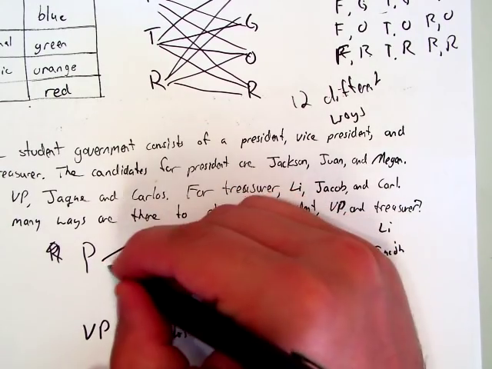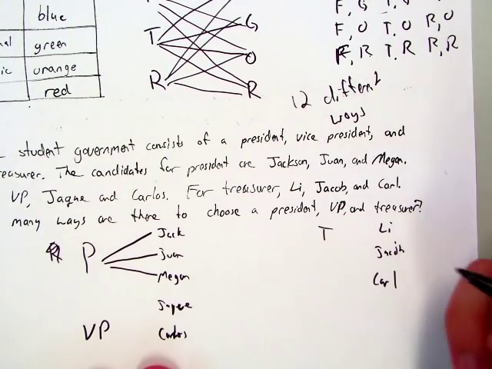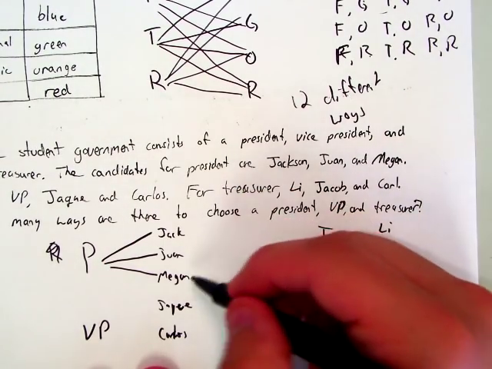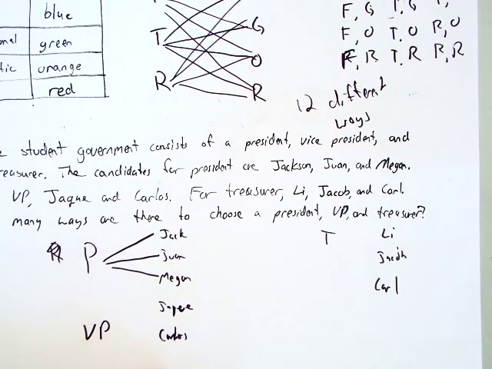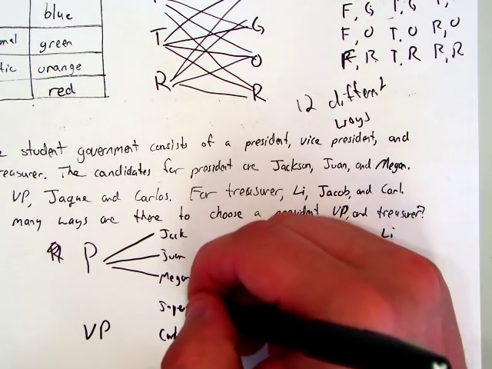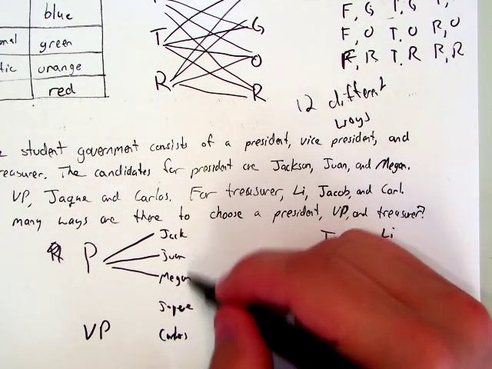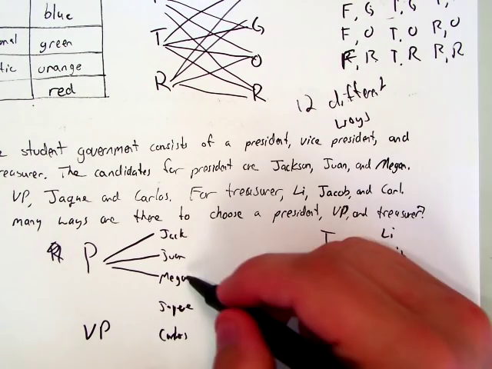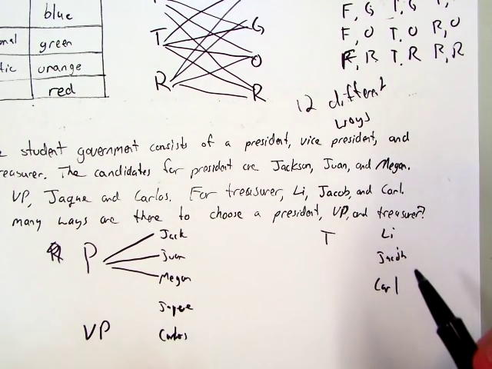So we could have 1, 2, and 3. Jackson could be president, Juan could be president, Megan could be president. For each one of those, Jackson could have Jackie and Carlos, Juan could have Jackie and Carlos, and Megan could have Jackie and Carlos.